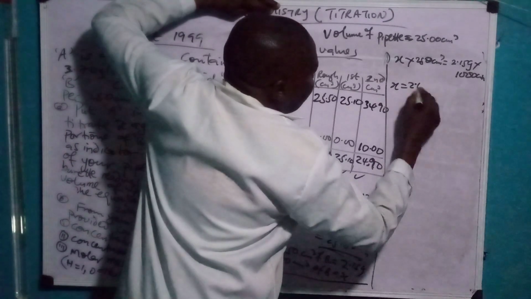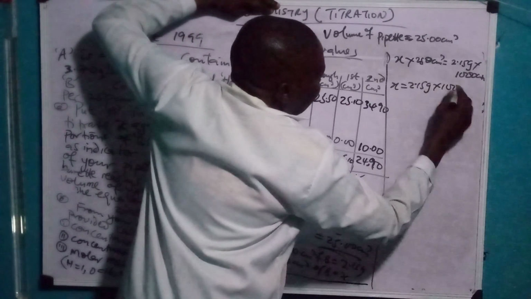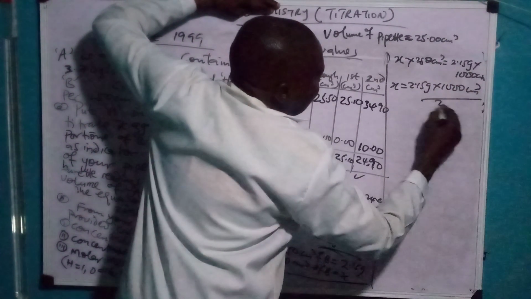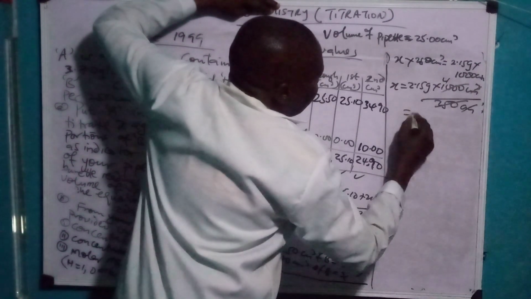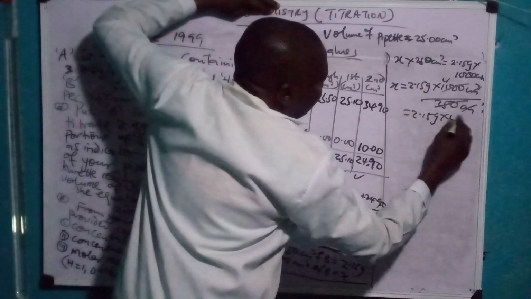X will now be 2.15 gram times 1000 cm cube over 250. The cm cube goes, 1000 over 250 making 4. 2.15 gram times 4.